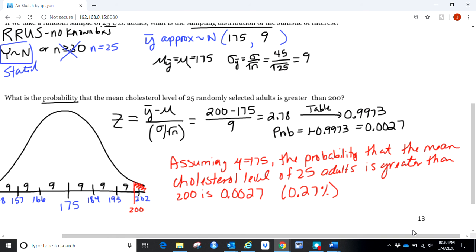The same would hold true if we think about the probability that a student scored at least a 90% on a test versus the probability that the mean score of 25 students being at least a 90, which is probably pretty unlikely to happen. So we see a very big difference in the answer that we get. That also means that our goal is different. We're not looking at individuals, we're now just focusing on the mean.